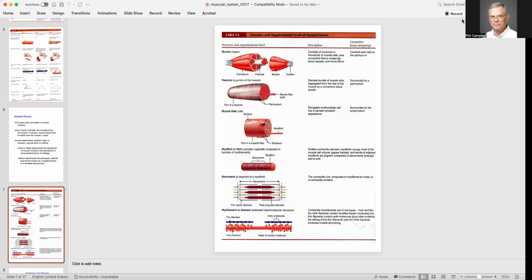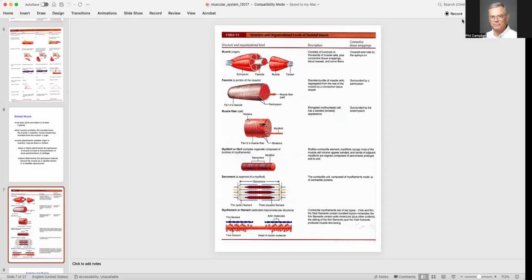Number one, they are derived from the fusion of multiple precursor muscle cells. Therefore, they have acquired everything that's in each of those constituent cells, including the nucleus. So mature muscle cells have multiple nuclei.